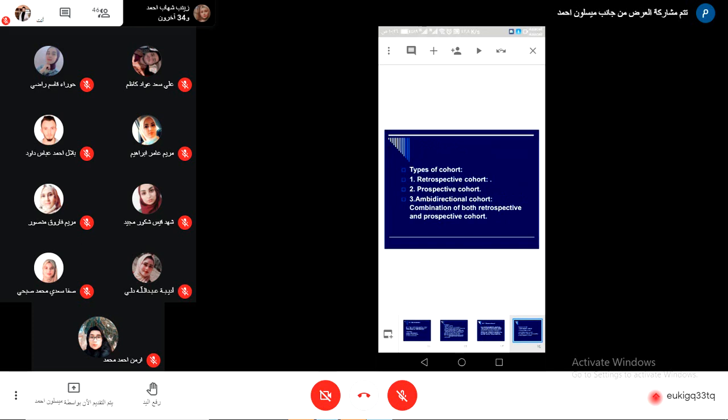Types of cohort study: retrospective cohort and prospective cohort studies, or ambidirect cohort studies, combination of both retrospective or prospective cohort studies.